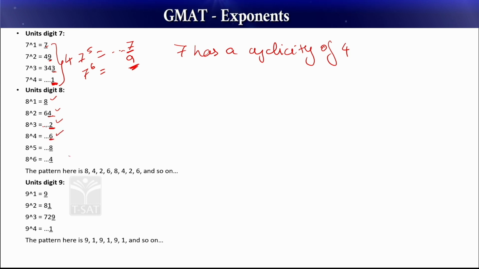And 8 to the power of 5, 8 into 6 is 48 with 8 at the units digit, so you will get 8. And 8 to the power of 6 is again 8 into 8 is 64, 4 at the units digit. So this also repeats itself after every 4 numbers. So 8 has a cyclicity of 4, and the pattern is 8, 4, 2, 6.